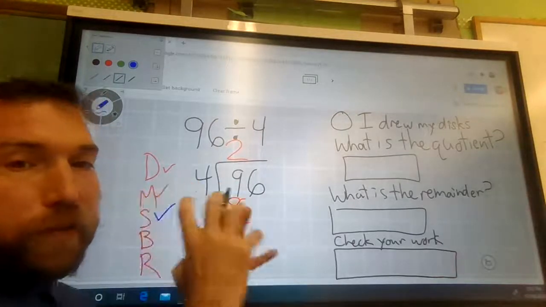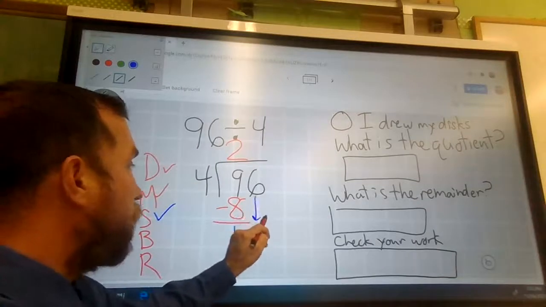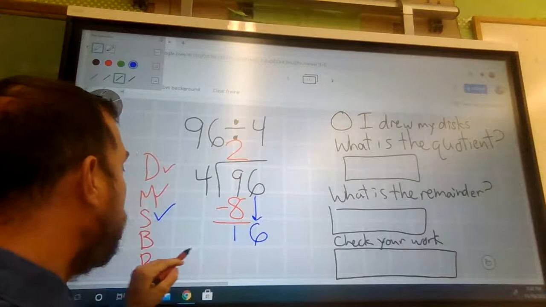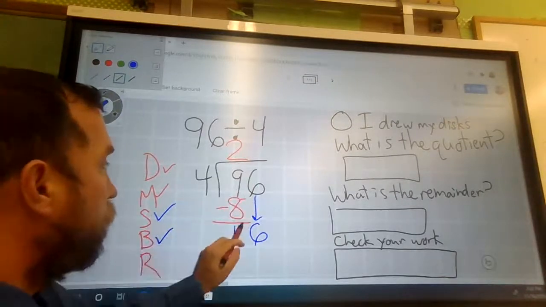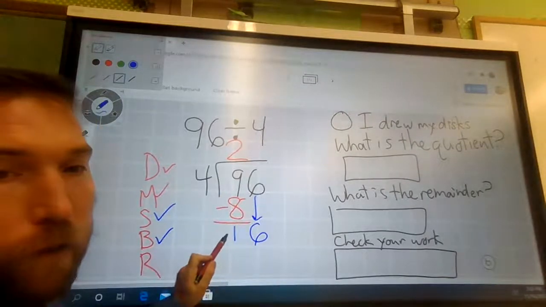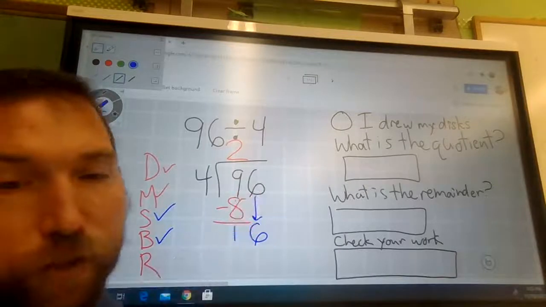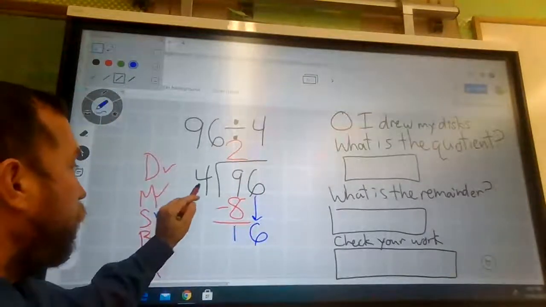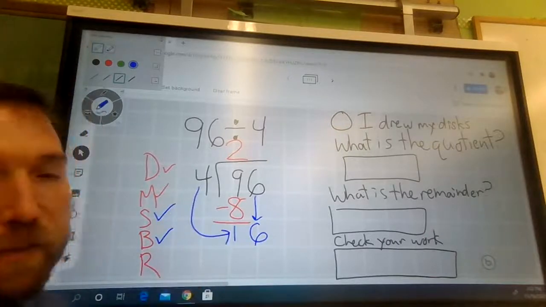That would then become 10. I then bring down. I want to do a number besides 0 because now this is 16. That's after my bring down. So see what I subtracted? I got 1. I brought down the 6 to join it. That made 16. Now I repeat with 4 into 16.